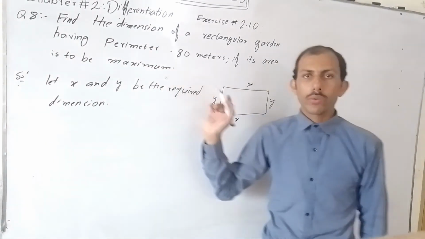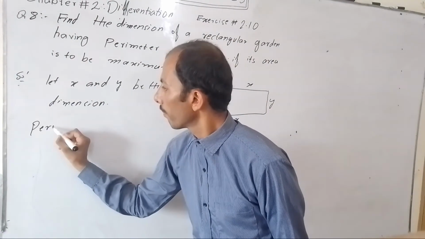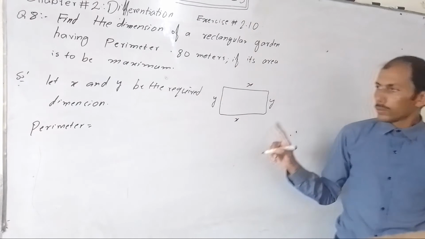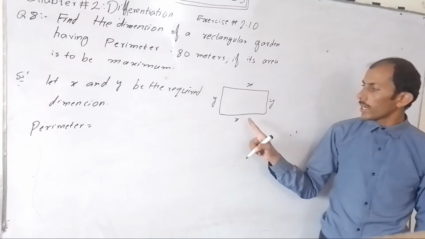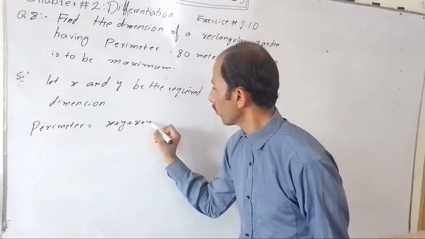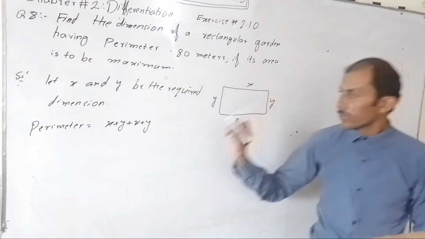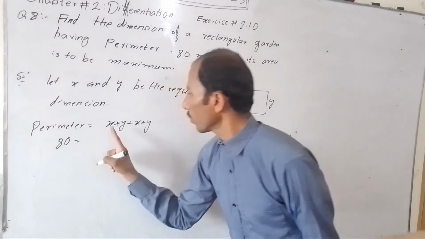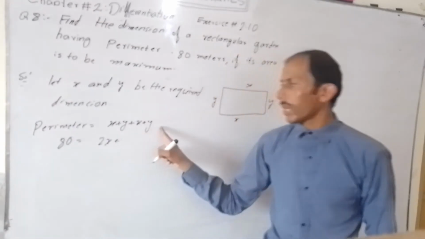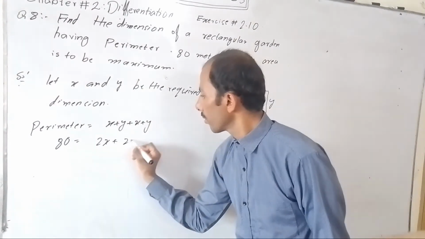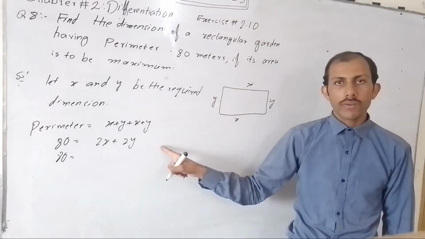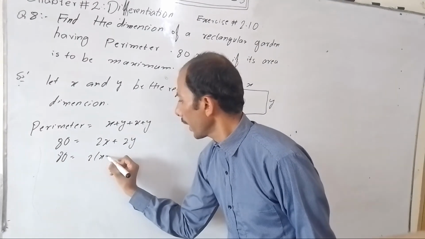Next, perimeter is equal to the sum of all sides, it means x plus y plus x plus y. So perimeter is equal to 80 meters. 80 is equal to x plus x is equal to 2x, plus y plus y is equal to 2y. 80 is equal to 2 times x plus y, taking 2 common.